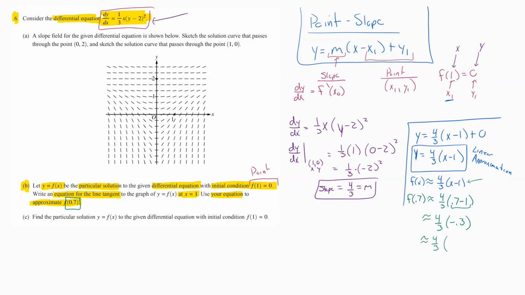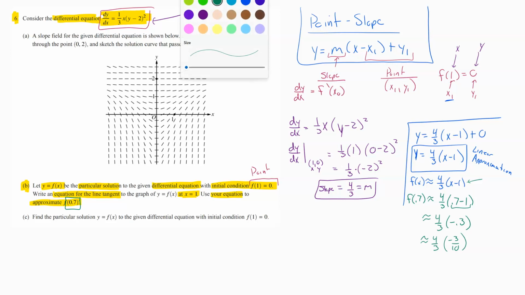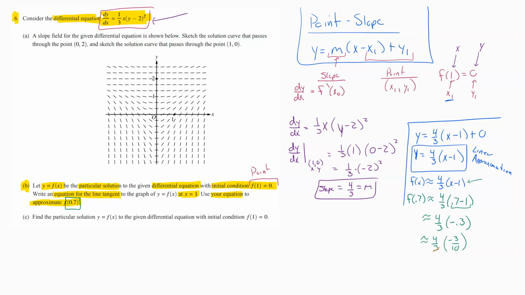Remember to read your decimal, and that tells you that this would be negative 3 over 10. From there, we can simplify that down. This 3 is going to cancel with that 3. I can pull a 2 out of the 4 and a 2 out of the 10. What that's going to leave me with is an approximation of negative 2 over 5. So f of 0.7 is approximated by negative 2 over 5.